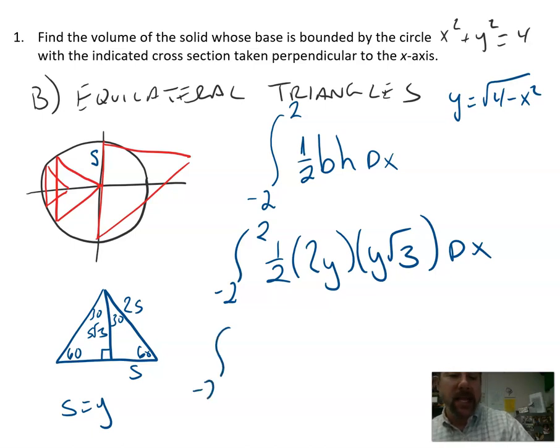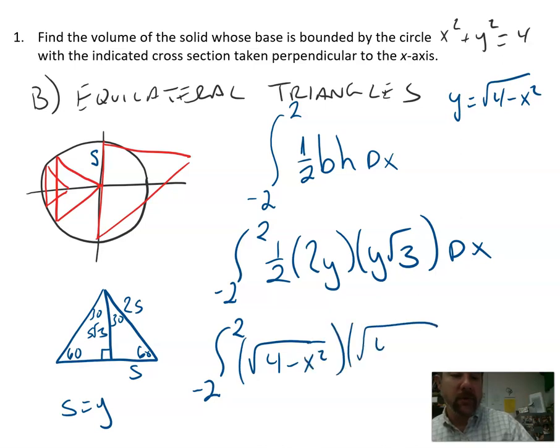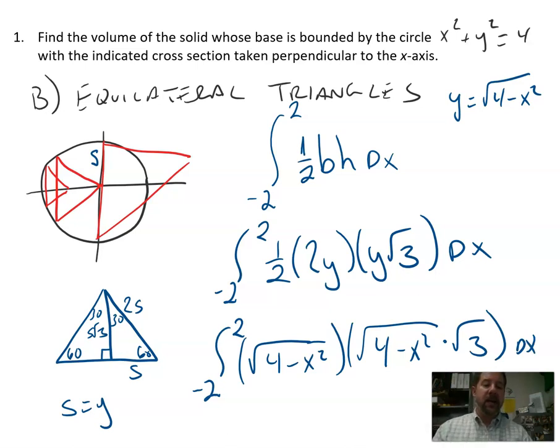And so this is -2 to 2. 1/2 times 2 is just 1. So it just becomes 1y. So square root of 4 minus x squared times another square root of 4 minus x squared times root 3 dx. And again, you'll notice conveniently our square roots are going to kill each other off, which is going to make us happy and easy to do.